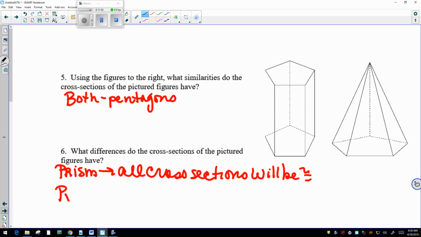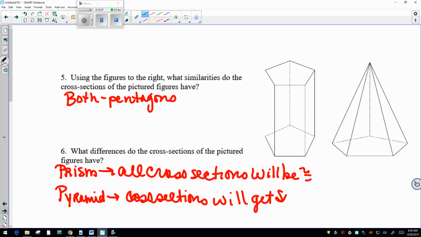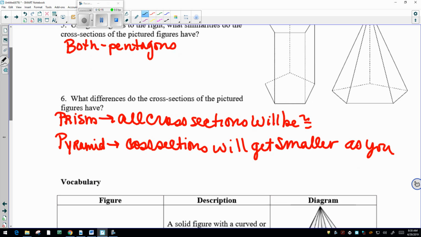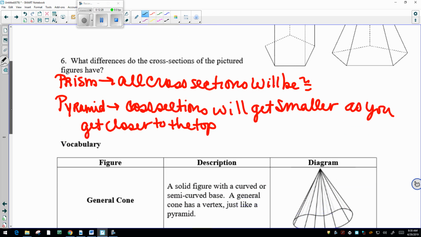However, for the pyramid object on our right-hand side, the cross-sections will get smaller as you get closer to the vertex or to the top. They will all still remain pentagons. They just get smaller. So if they get smaller, we can think of these as being dilations.